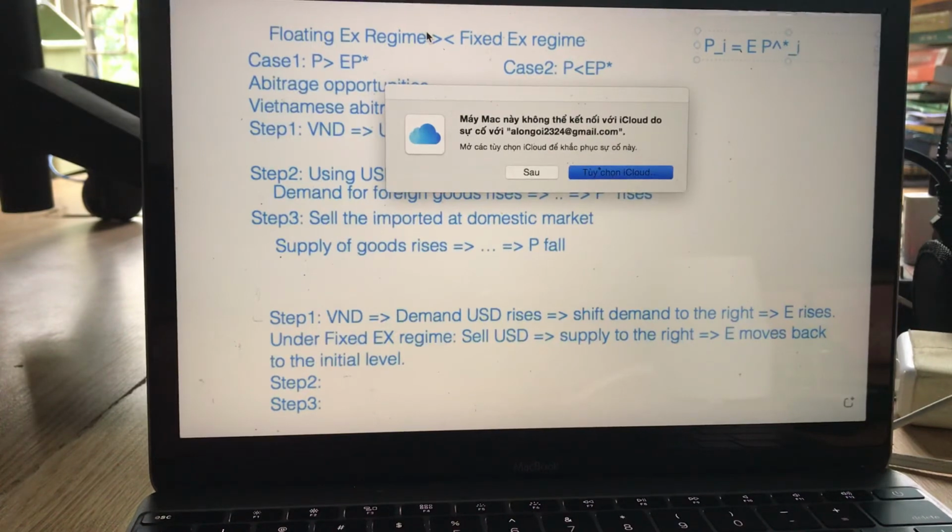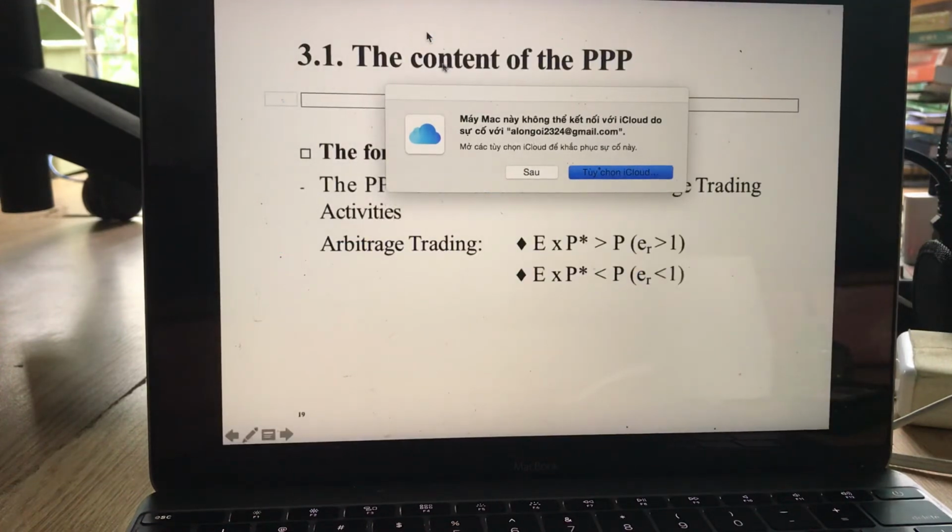This is the law of one price. So we have this law for each commodity: the price of commodity i in the home country and the price of commodity i in the foreign country.